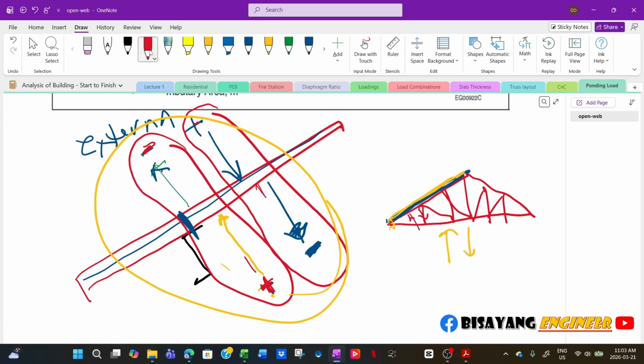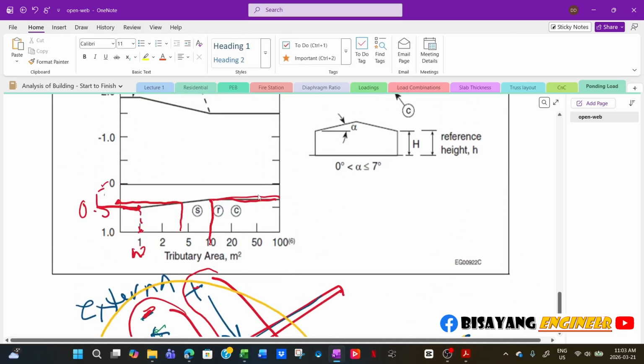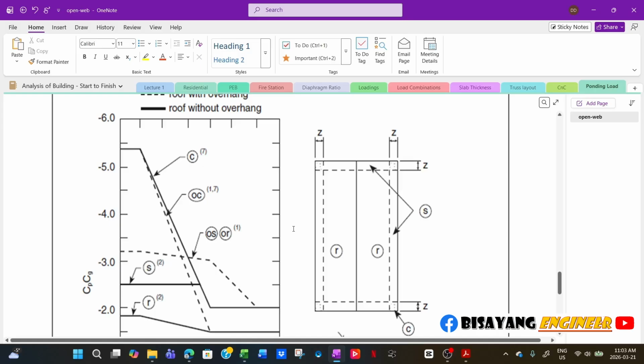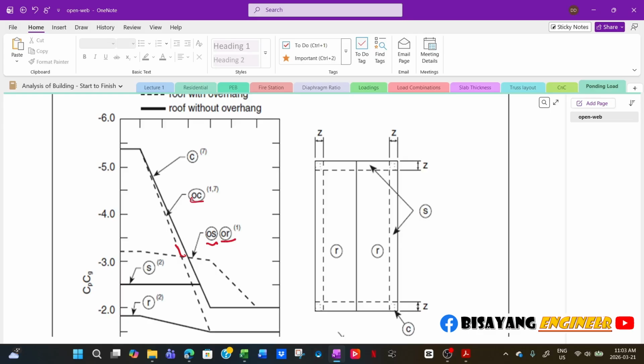I hope that is clear. By the way, this hidden line is for if you have overhang. This one, OR, OS and OR, and then OC. O means overhang.